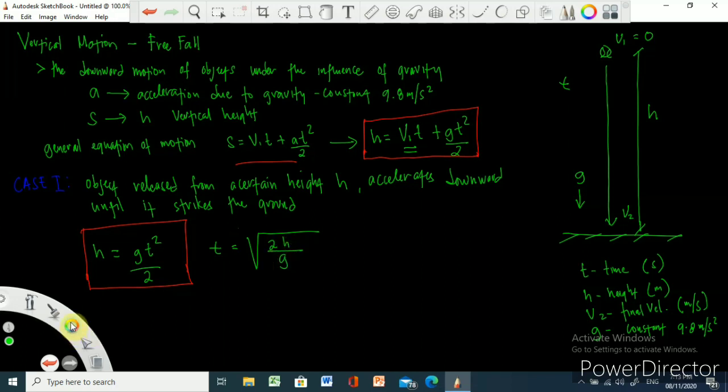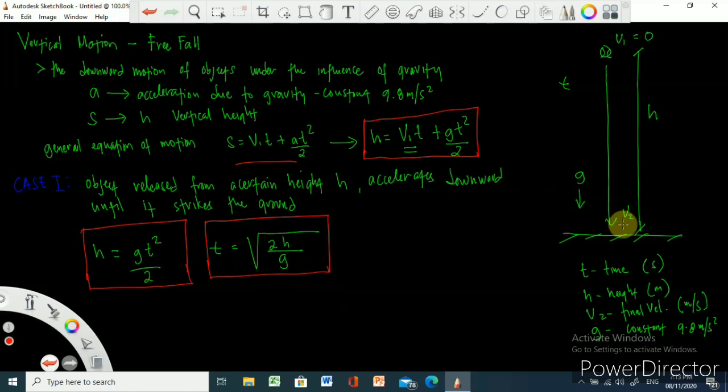Okay? So, how long will it stay in the air? Iyan yung gagamitin yung equation. Gaya ng sabi ko sa inyo during the last lecture video, yung mga equations na gagamitin natin, maglalaro lang naman yan sa general equation of motion. Okay?